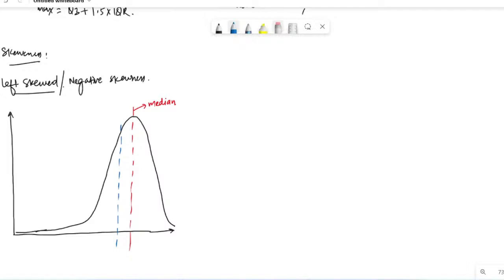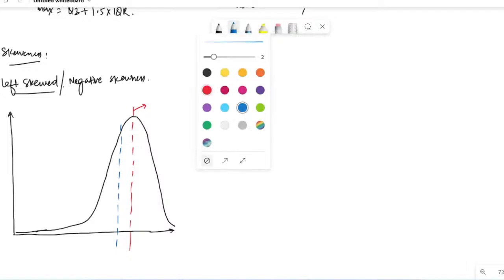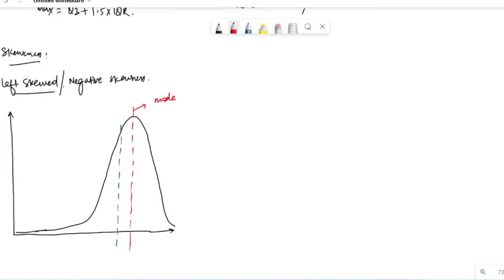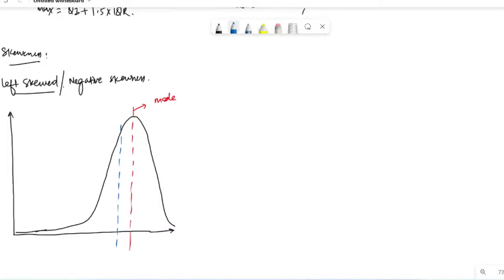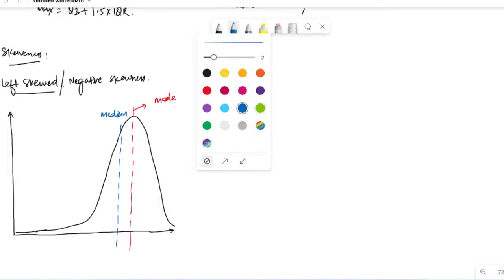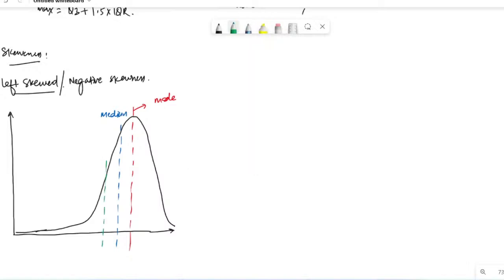This has to be mode, then median, and then mean. These all three are available in the distribution here, but they do not fall on the same line. That's how it will show up.